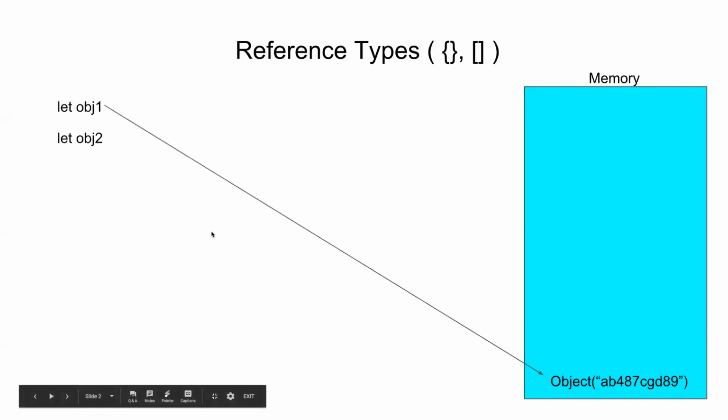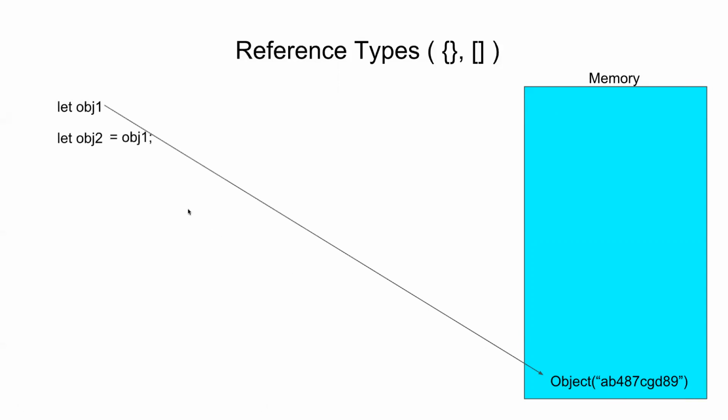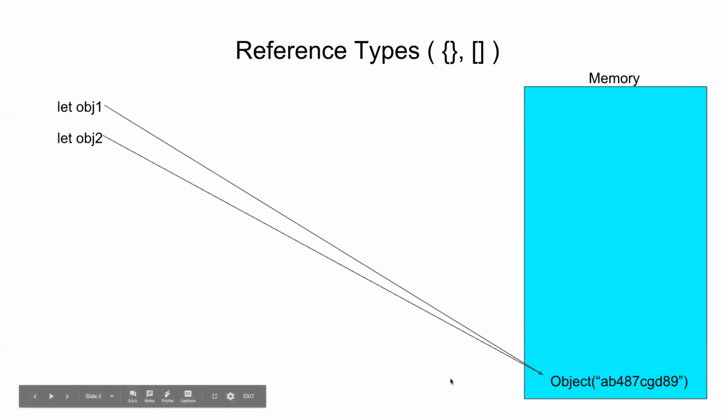We then said object two equals object one. So it's going to say, what does object one equal? Oh, it equals that place in memory. Okay, so these are both pointing to the same place in memory now. Object two is not equal to some weird floaty thing that object one is.